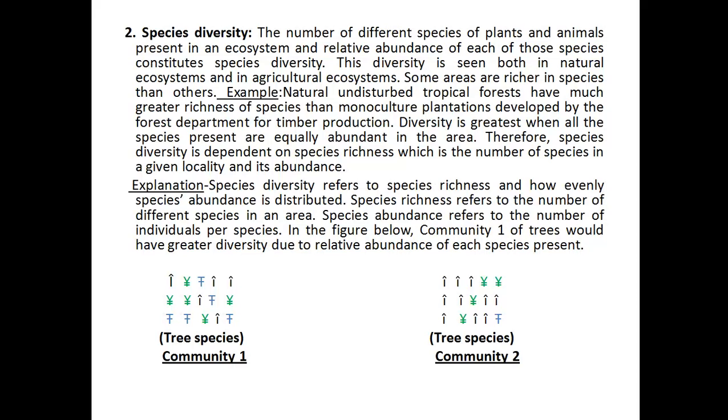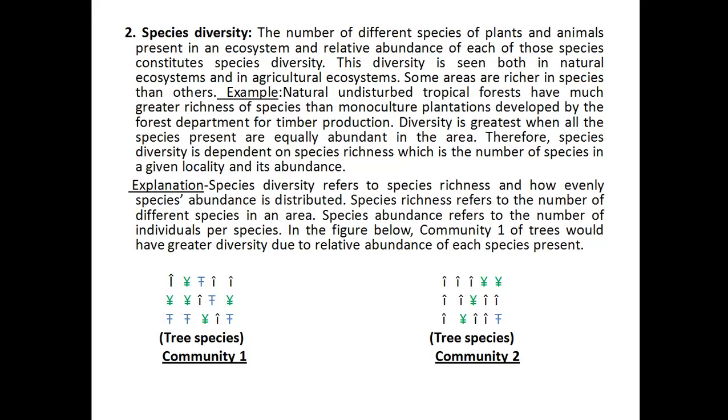Some areas are richer in species than others. Example, natural, undisturbed tropical forests have much greater richness of species than monoculture plantations developed by the Forest Department for timber production.